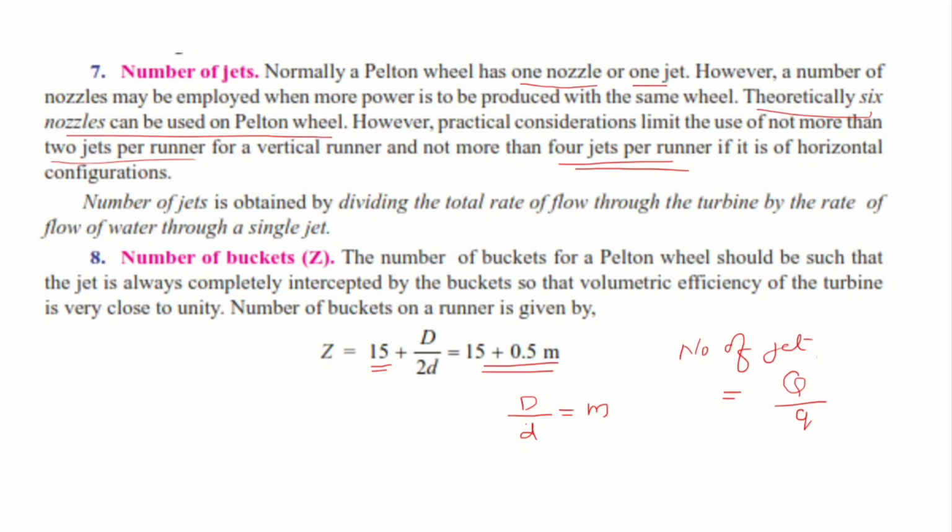Actual discharge is the actual amount of water striking the turbine, divided by the amount of water issuing from the nozzle. So the entire amount of water issuing from the nozzle must strike the bucket. Then only can we keep the volumetric efficiency as high as possible.